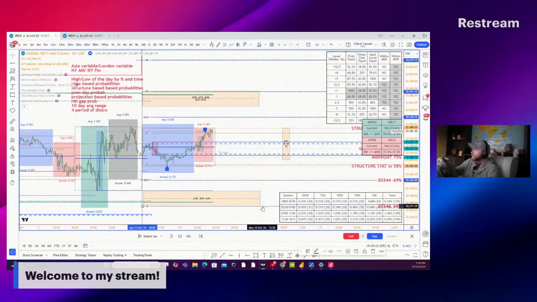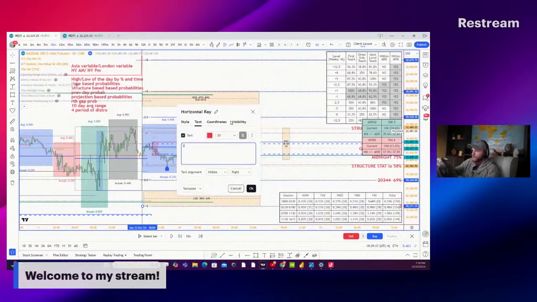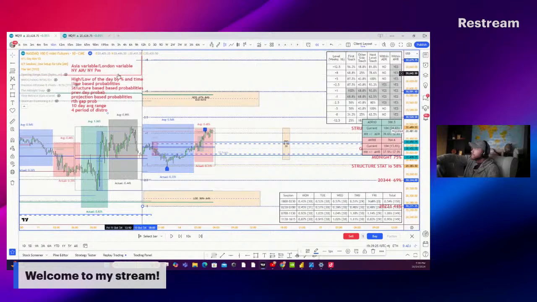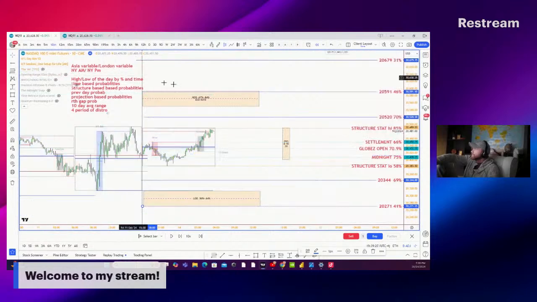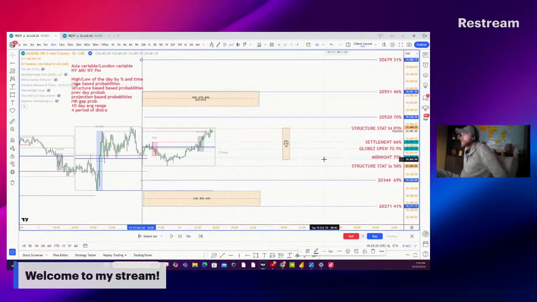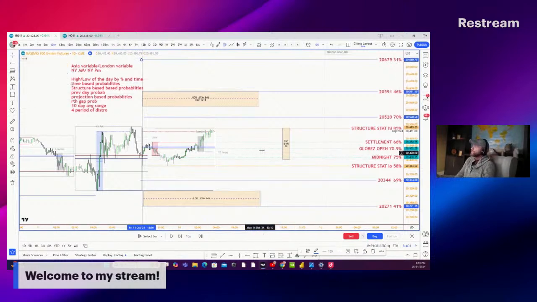This has a 44. All right. So now we have our time base, our structure base, and our projection base probabilities on, right?